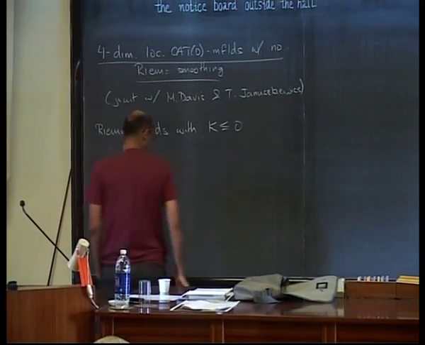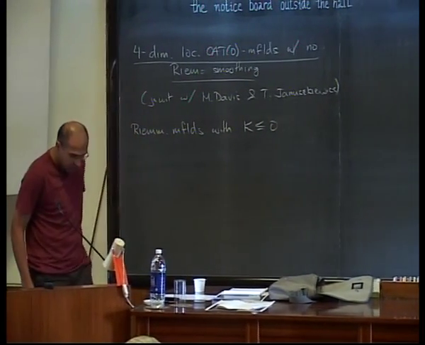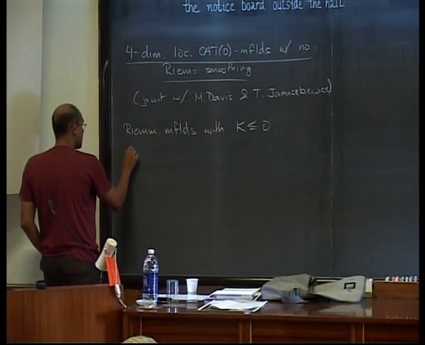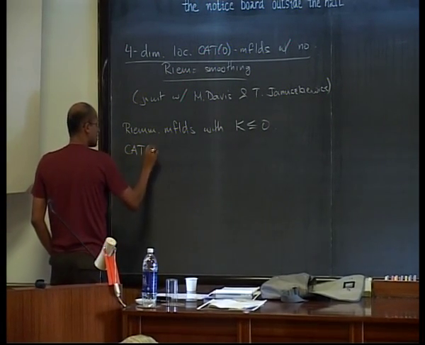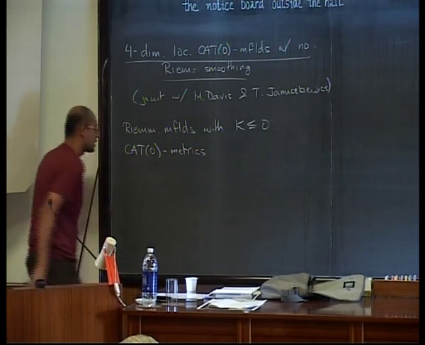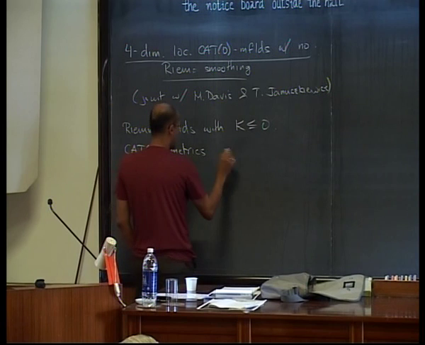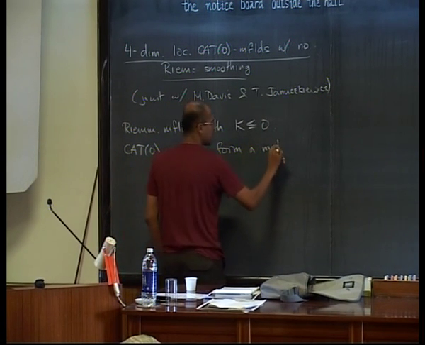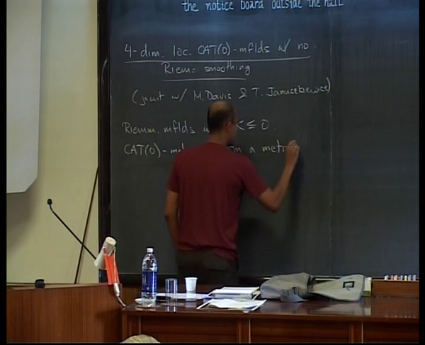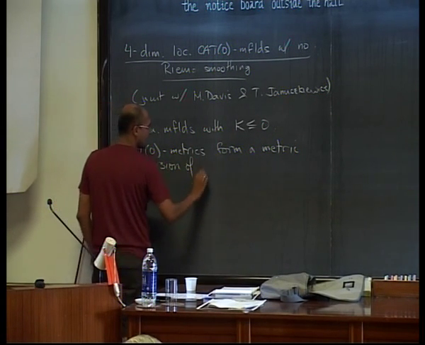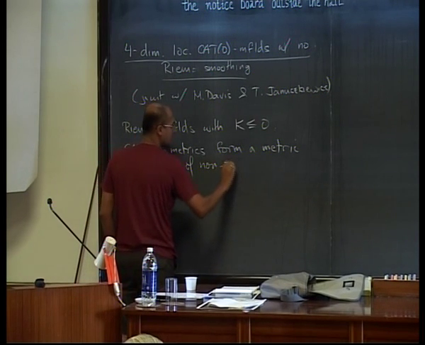And motivated by this, there have been metric notions of non-positive curvature that have been introduced. So the cat-0 metrics form a metric version of non-positive curvature.